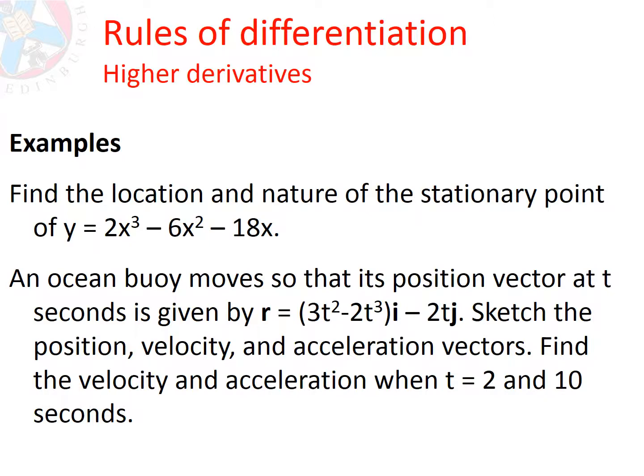So just for the top one there, I want you to work out where the stationary points are. To do that you have to differentiate it and then set the gradient to 0 and then solve that equation for x. Okay, so this is the kind of thing that is in the exam.